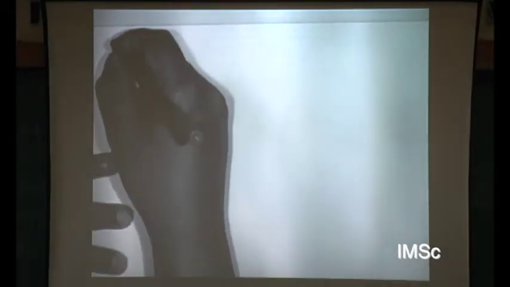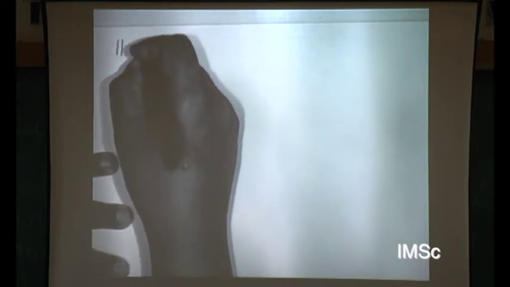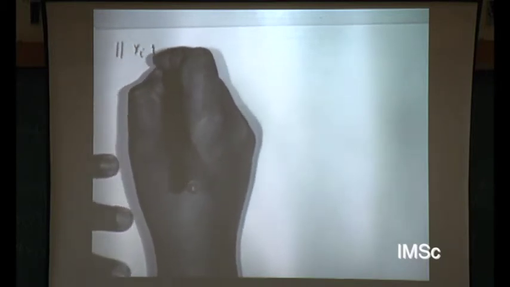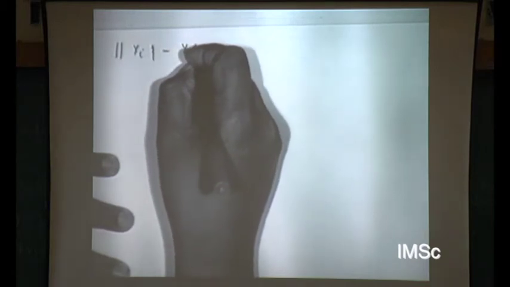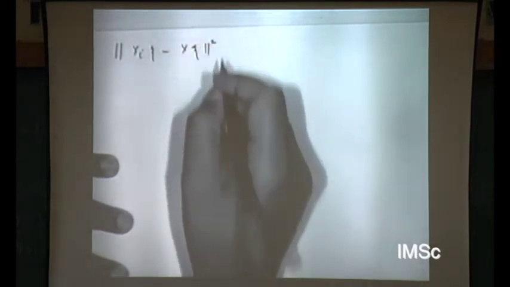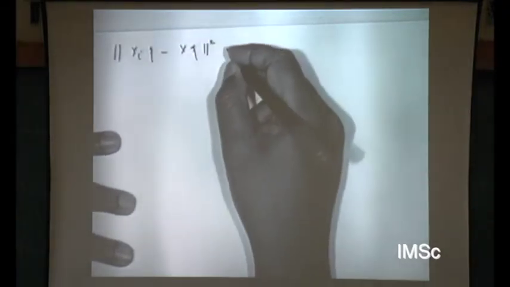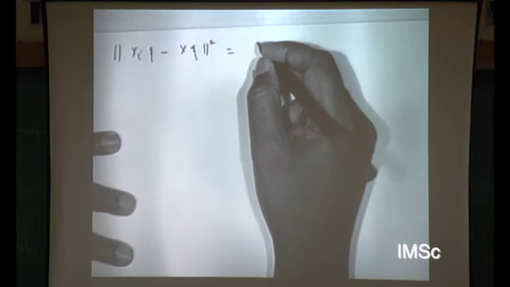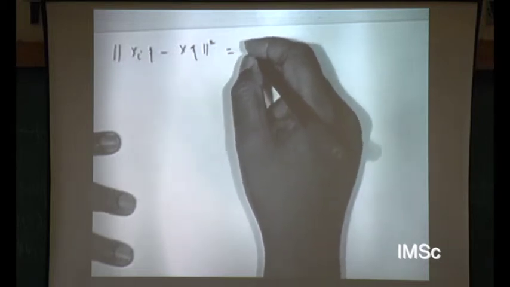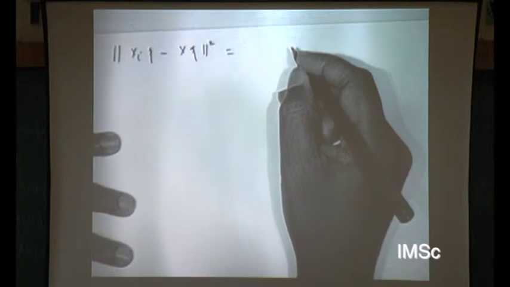But we want more, we want strong operator convergence. Why is this? You just compute now. You look at norm of x xi minus x_i xi squared. You just expand it.